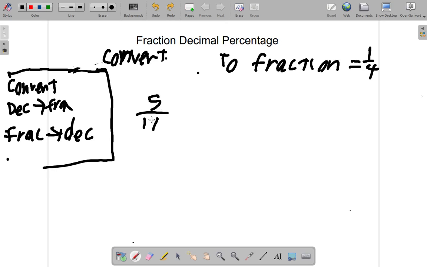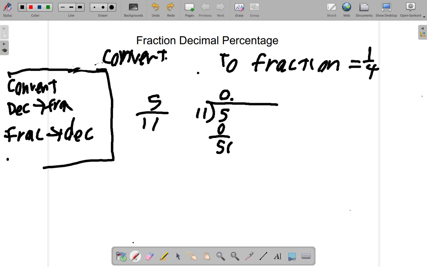You want to find out what decimal this is. I'm going to do my long division. 11 into 5, I can't, it's smaller, so I put 0 point. 0 times 11 is 0. 5 minus 0 is 5.